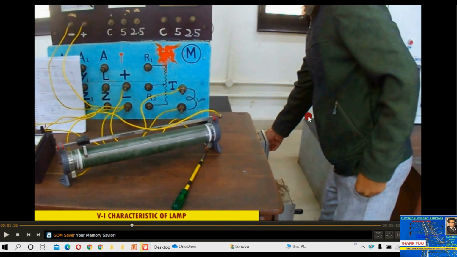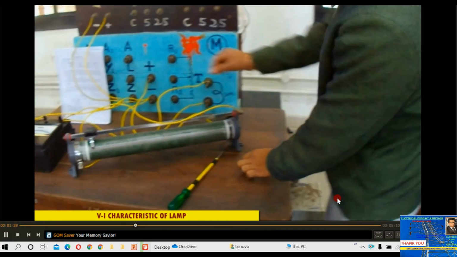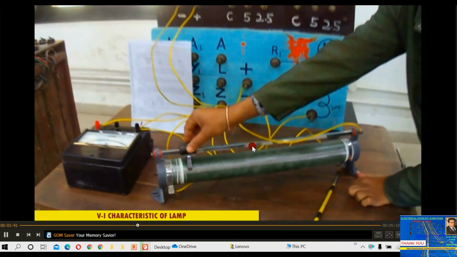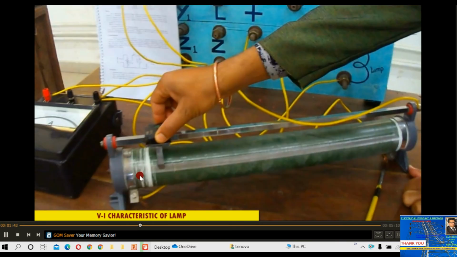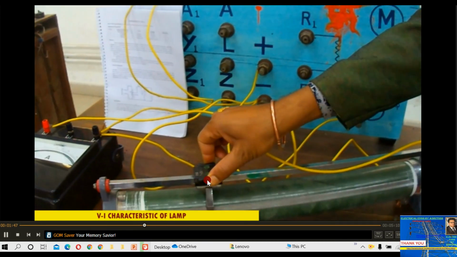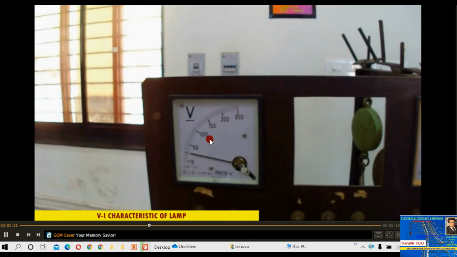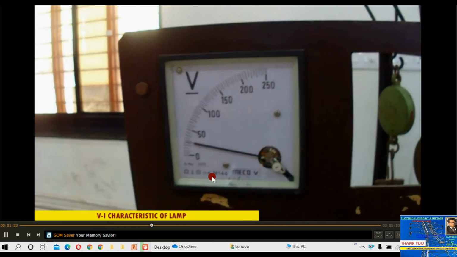Okay, this is the supply. We have switched on the supply, and then we are raising the voltage level. See, we are increasing the level of voltage from here, and the voltmeter reading also changes with this. See here, this is the voltmeter reading.